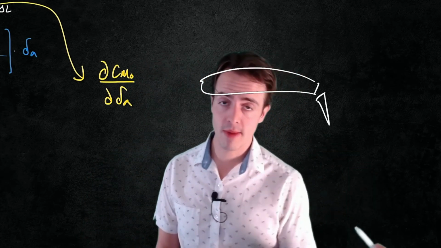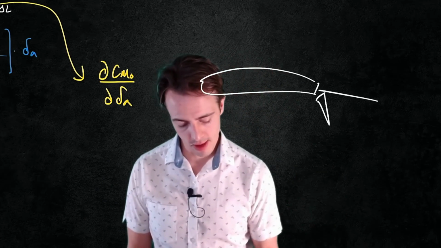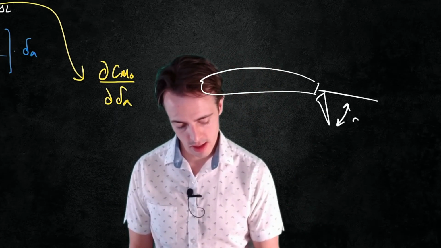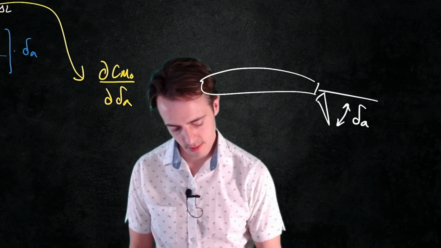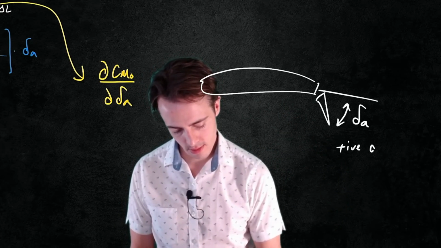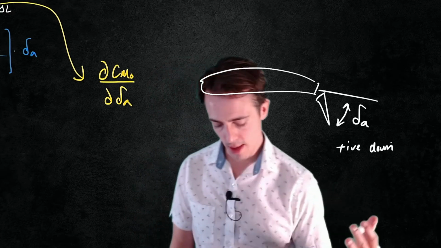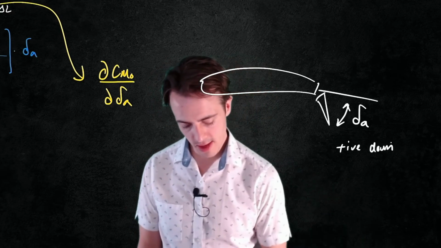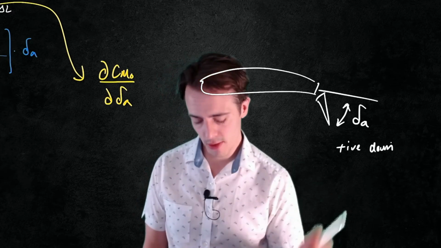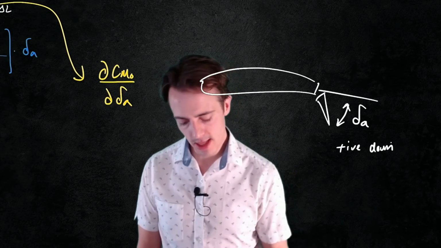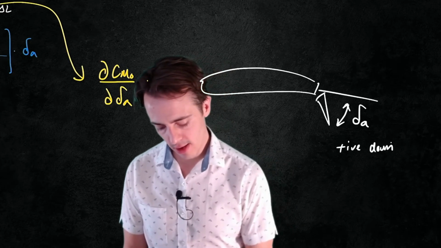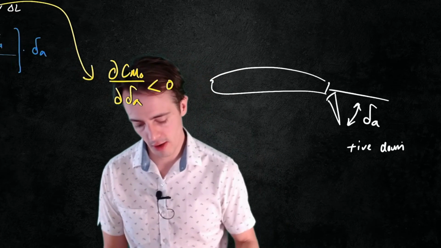It varies from manufacturer to manufacturer, but we've defined delta A as being a positive deflection. So that means that's going to cause an increase in lift. It would also cause an increase in nose down pitching moments, which is going to be a negative Cm. So dCm by d delta A is going to be less than 0 for our expression.